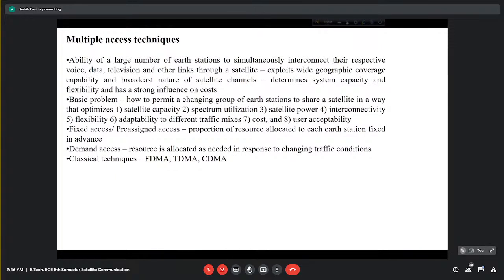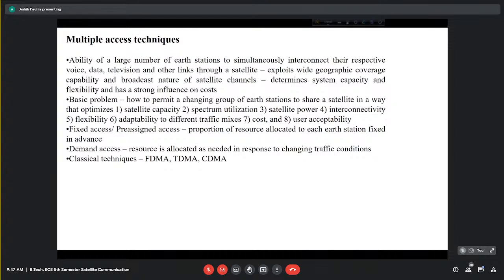So that's why we should try to optimize the accessibility of the satellite links. And for that purpose, there are different kinds of techniques. One of the techniques that we have already learned about is the frequency reuse. But other than frequency reuse technique, there are multiple access techniques which are also used.